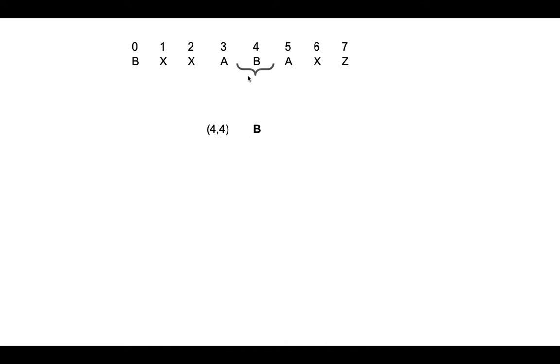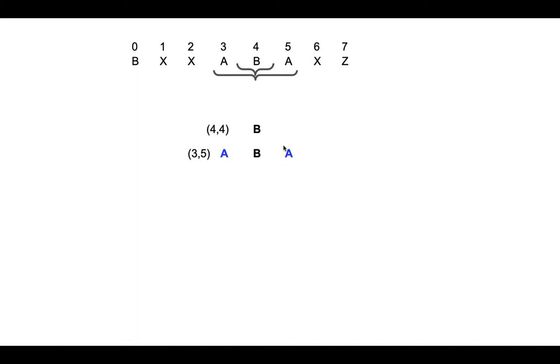Let's take another substring, starting from index 3 till 5. Now, instead of checking the whole string to see whether it's a palindromic substring or not, we only have to check the boundary characters. So compare the boundary characters. If they are equal, we have to check whether the string in between both characters is a palindromic string or not.